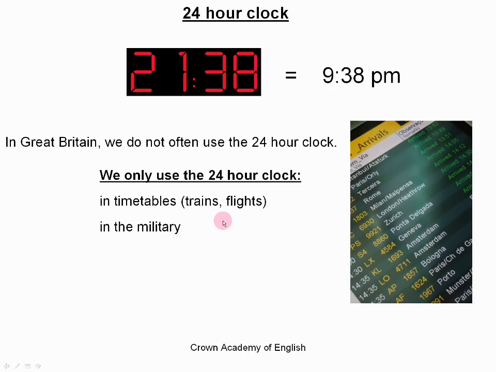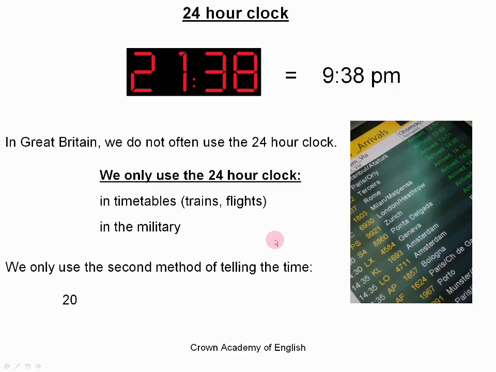So the military, they use the 24-hour clock because it is very precise. Okay? And when we speak the 24-hour clock, we use the second method. So we say 20:50. We do not say 10 to 21.